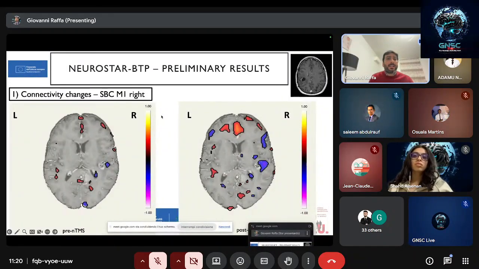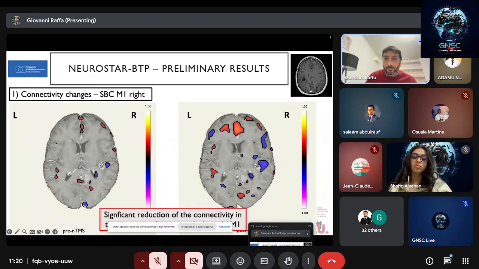You can see here the connectivity changes, say, between the right M1 and the global brain. See here, pre on the left and post on the right. You can see that there is a blue increasing over the lesion. That means that the right M1 has a reduced connectivity to the area surrounding the tumor. So this is a first result.